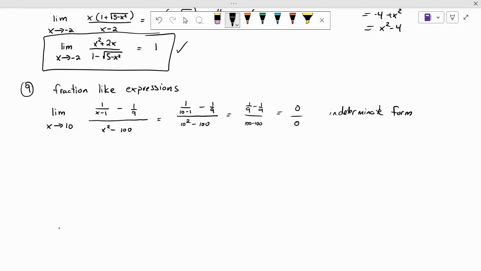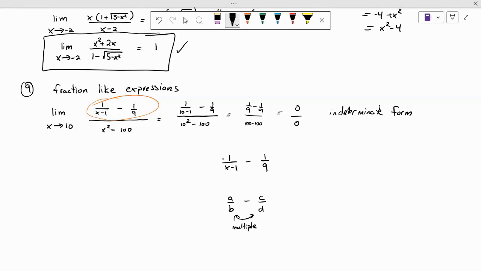Well, if you have fractions, really the quote-unquote natural thing to do is just to combine them, right? So we want to look at the numerator and combine the fractions. When you add or subtract fractions, what do we need to find first? Right, a common denominator. There are many common denominators, but there's always one that works if you're not sure: multiply the two denominators.